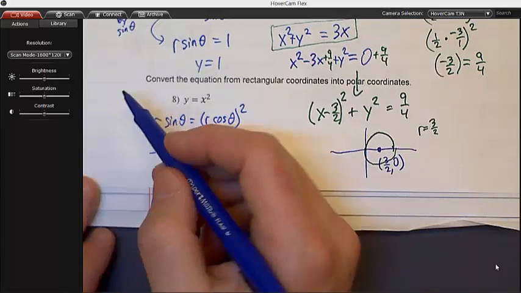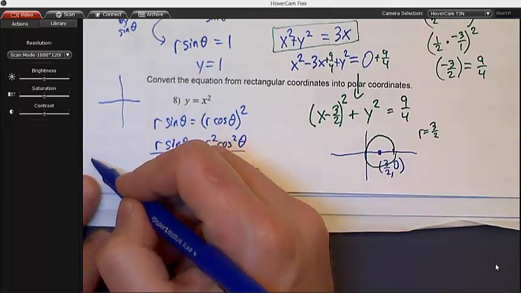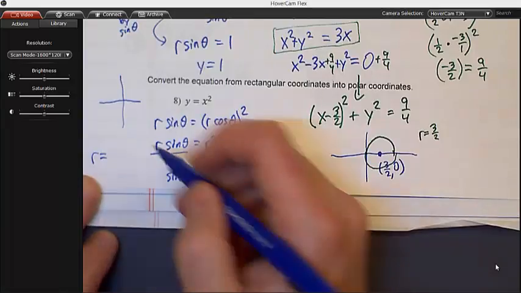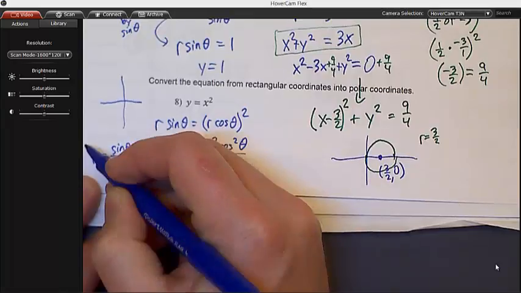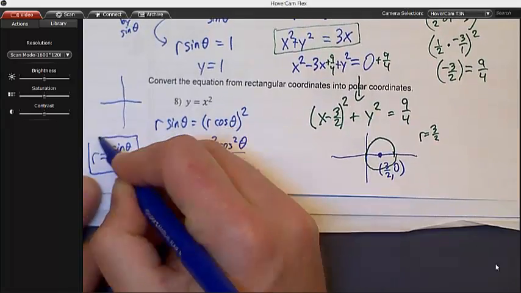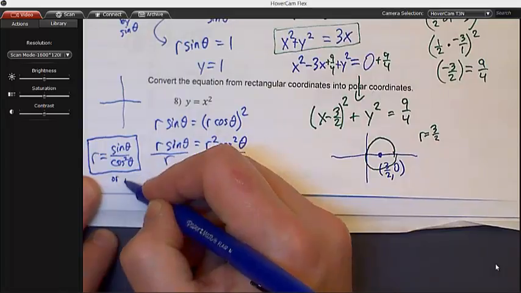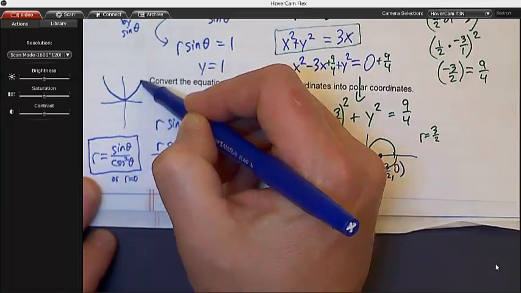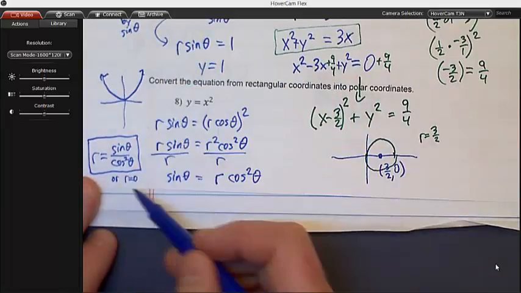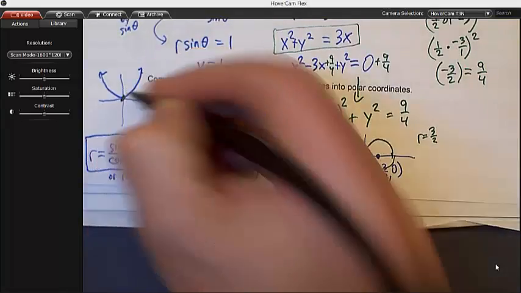So we're going to divide to get the final answer, r by itself, sine of theta over cosine squared theta. The only thing is you'll have lost the solution r equals 0. But if you type this in and graph it, you will get the parabola. It'll work fine. And what does r equals 0 mean? Where are you? You're right there at the origin.